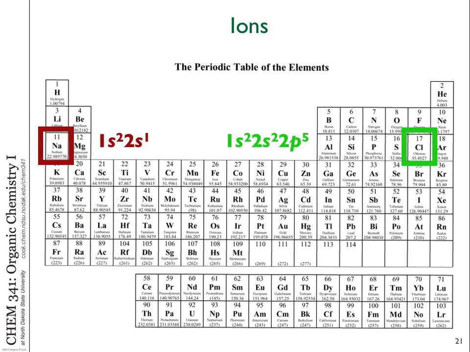If you take a look at these two, sodium and chlorine, or lithium and fluorine, you notice they're on opposite ends of the periodic table. As elements, they're not in a stable configuration. So what does sodium have to do to become stable, and what does chlorine have to do to become stable? That's the question.